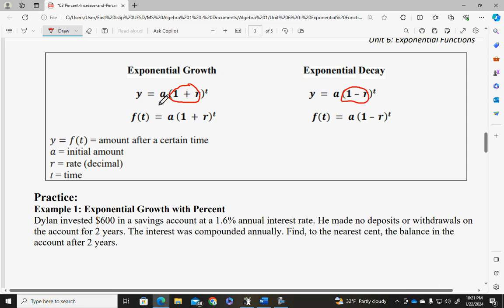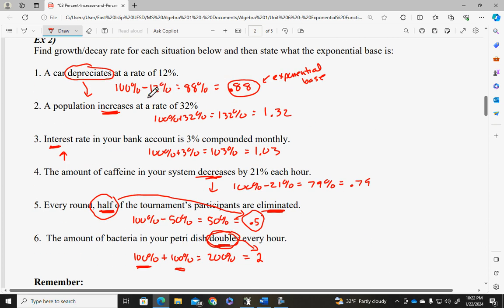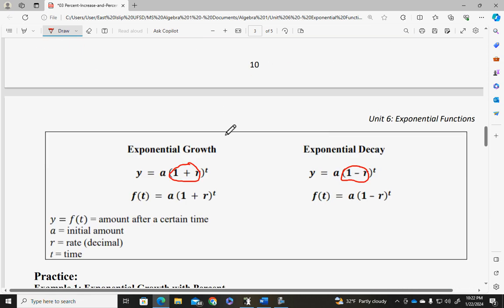Some people use these formulas when they're writing their exponential growth and decay. I actually kind of use my common sense instead of go to these formulas. I do it the way that I showed you in the beginning of this lesson, even with writing 100% minus or add on the percent depending on whether it's growing or decaying.